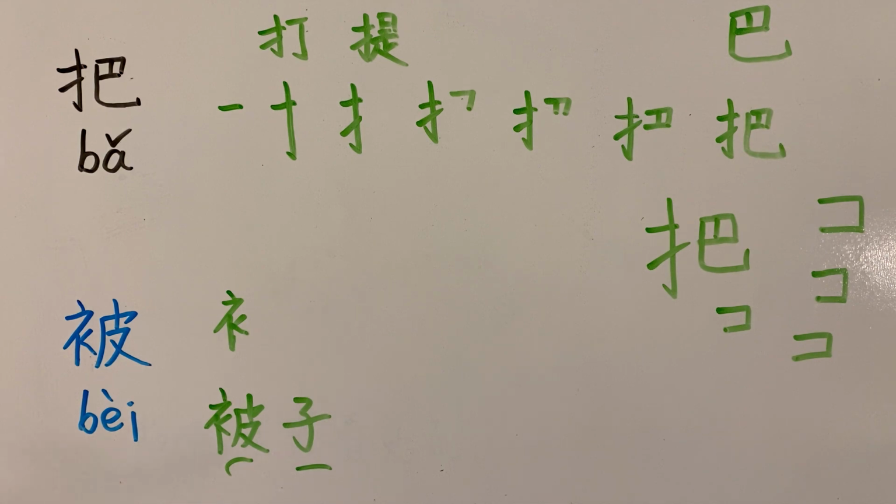We can use this 子 to form a lot of words like 盖子, 杯子, 镜子, 椅子, 凳子, 桌子, 盒子. It serves as a suffix. I will use another video to elaborate on this suffix. 被子 means quilt. Very interesting, right?